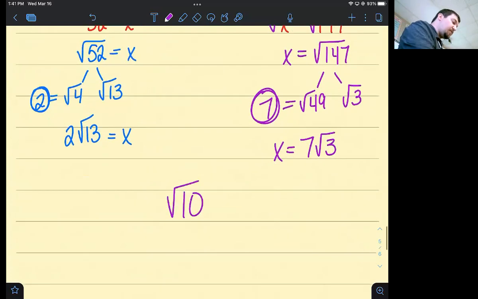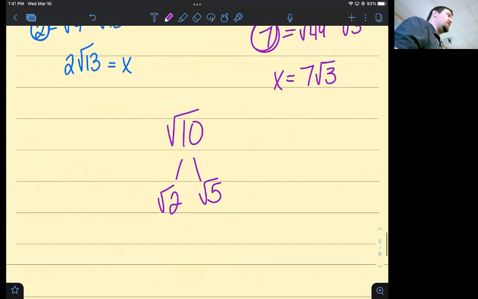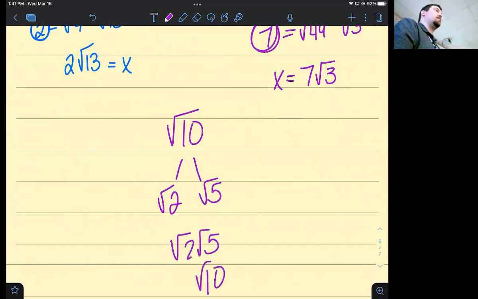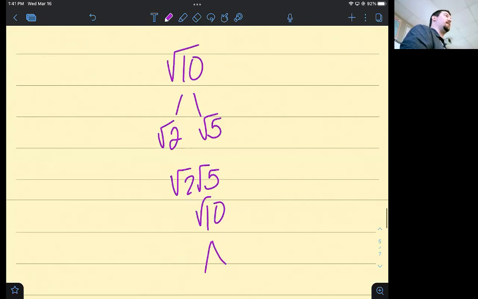You could say square root 2 times square root 5, but is 2 a perfect square? Is 5 a perfect square? So I'm back to this. Nothing happened. It only breaks down if a perfect square will go into it, so that when I square root that perfect square, I get a natural number, and then I can actually pull that out onto the outside of the square root symbol. Otherwise I'm going to be doing this until the end of time, right?